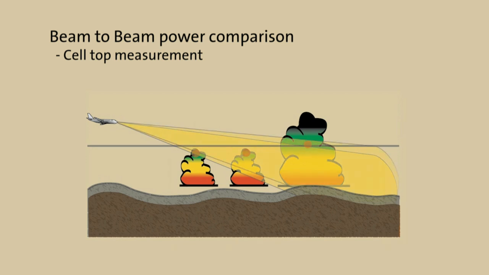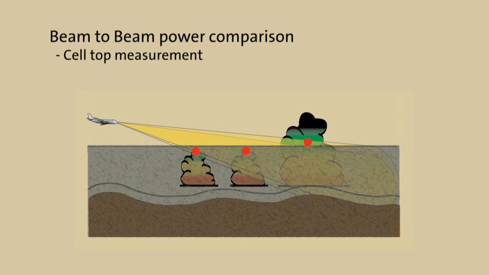The second sweep at a different tilt angle then enables a power-to-power comparison to see if the top of the cell falls above or below the line. The radar then chooses to show only weather that is at the aircraft altitude. This quiet, dark cockpit concept is designed to reduce crew distractions and prevent unnecessary deviations.